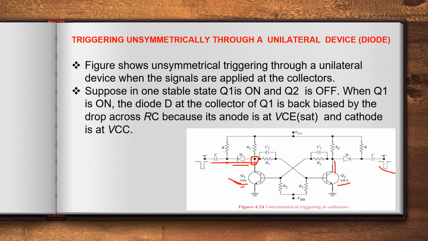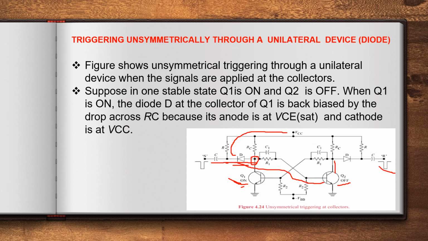But here the cathode of the diode is directly connected to VCC. The cathode is more positive than the anode. The anode is at only VC sat. So the cathode is more positive than the anode, so diode D gets reverse biased. So it doesn't transmit any signal to the base of the off transistor.